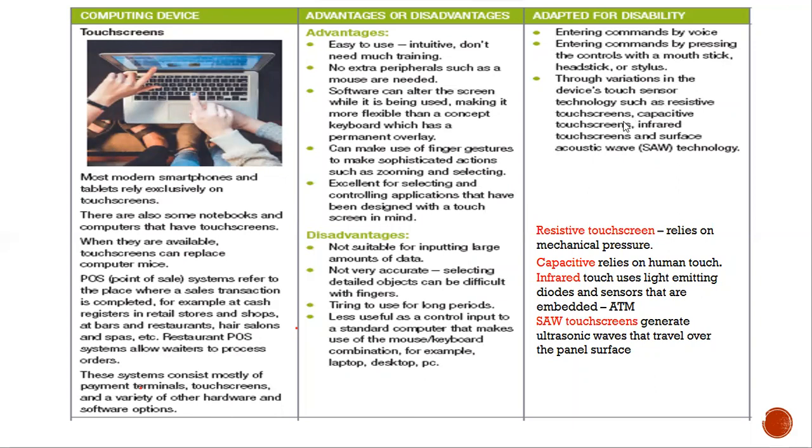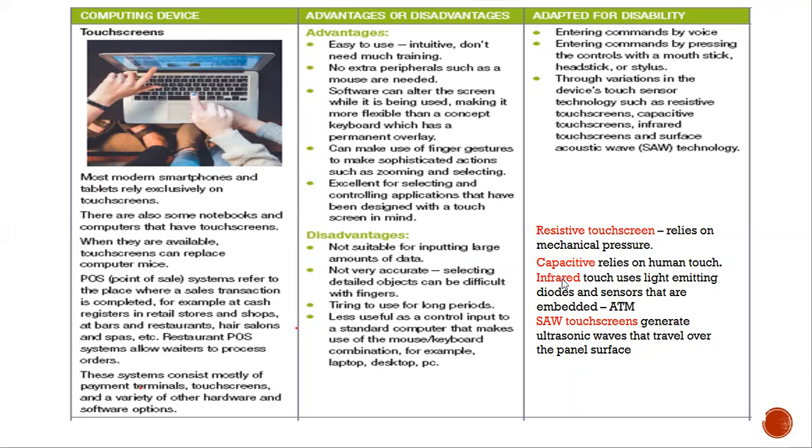Your resistive touchscreen relies on mechanical pressure, so whatever you're using, such as a stylus, it works with mechanical pressure. Your capacitive touchscreen relies on human touch, so these screens only work with human touch. You have infrared touch screens that use light emitting diodes and sensors that are embedded, like your ATM.